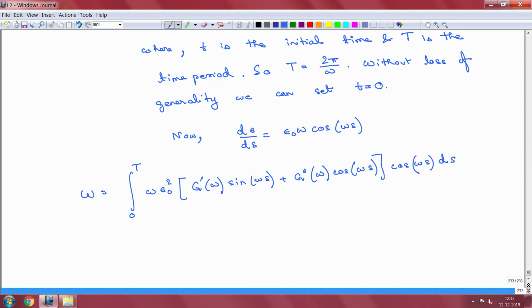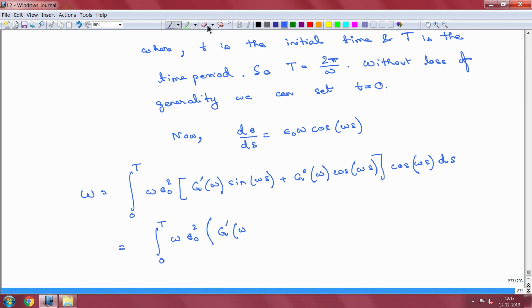Okay. So, we have to evaluate this particular function. Let us just bring this inside this cosine, and we see that basically what we have to do is, there are two terms that are contributing. Sorry, this is g dash of omega.